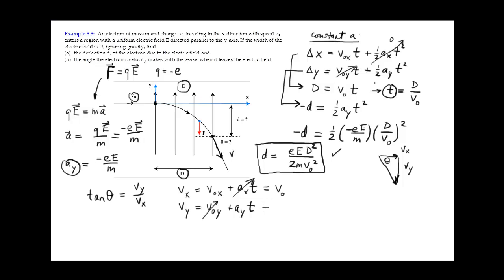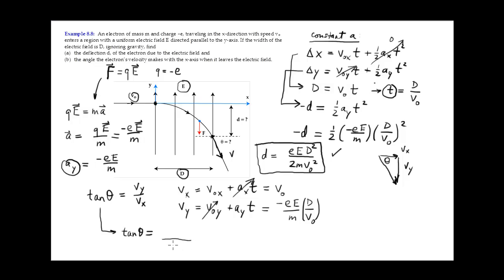So if we just make those substitutions, ay is negative e E over m. T is D over v0, like that. So that's my Vy, and the tan theta then is simply Vy over Vx.